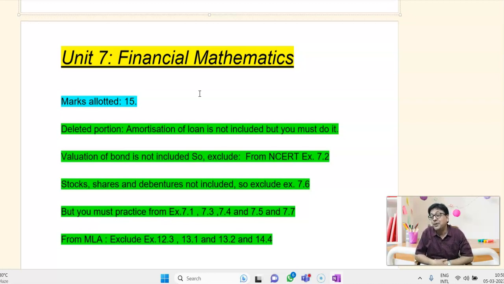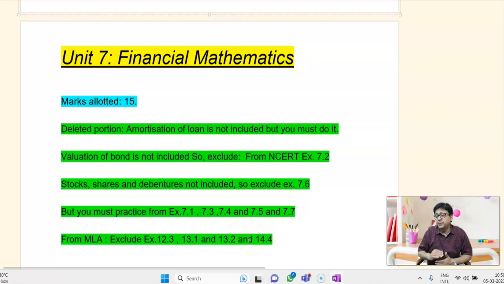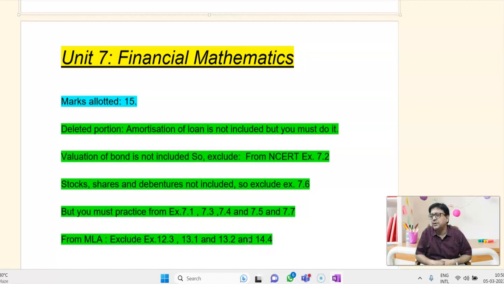What is expected from you? Only formula based simple questions from perpetuity and sinking fund, calculation of EMI. Amortization of loan is not stated, but I will not suggest you remove it from your preparation. You must do amortization of loan and EMI. These are formula based, it will not take much time for you.